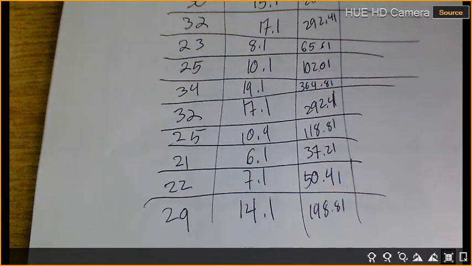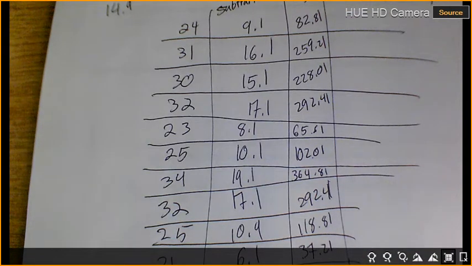So once we've squared them all, we're going to add them all up. So we're going to go 198.81 plus 50.41 plus 37.21 plus 118.81 plus 292.41 plus 364.81 plus 102.01 plus 65.61 plus 292.41 plus 228.01 plus 259.21 plus 82.81.